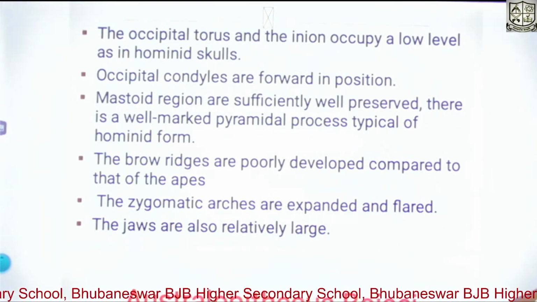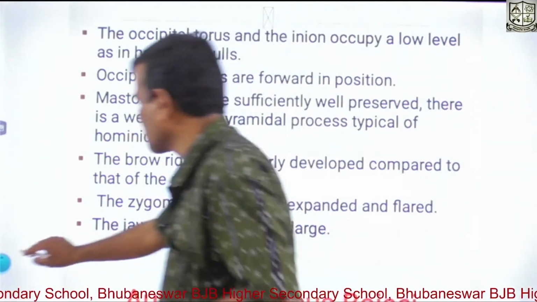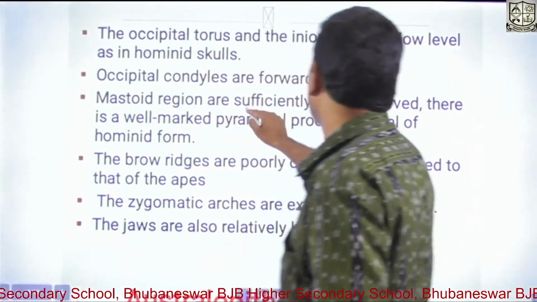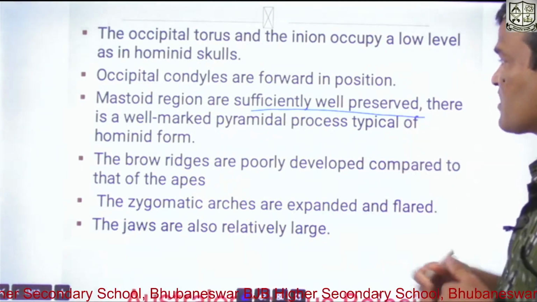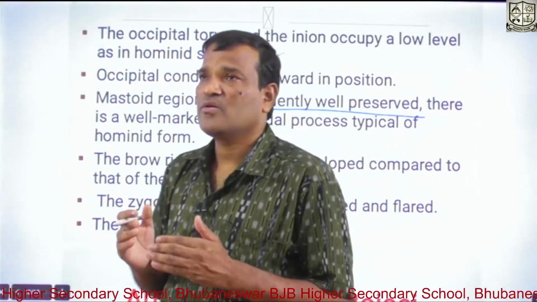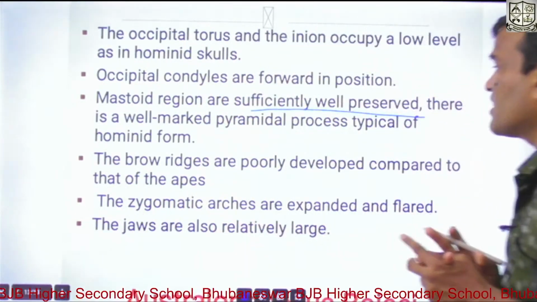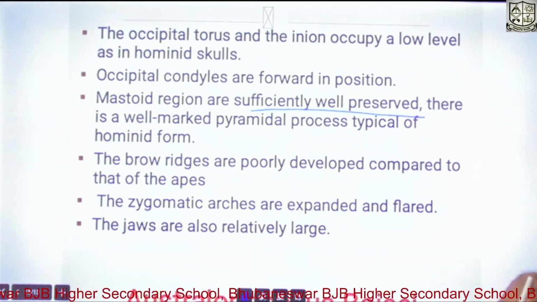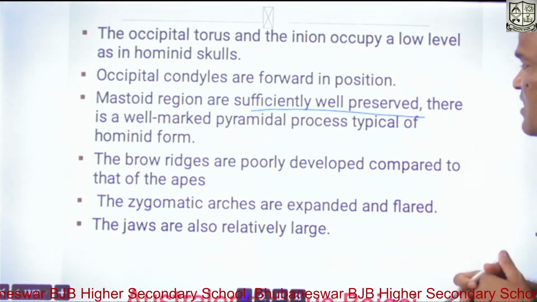The occipital condyles are forward in position. The mastoid regions are sufficiently well preserved, and there is a well-marked pyramidal process typical of the hominid form. The brow ridges are poorly developed compared to those of apes, where they are more developed.